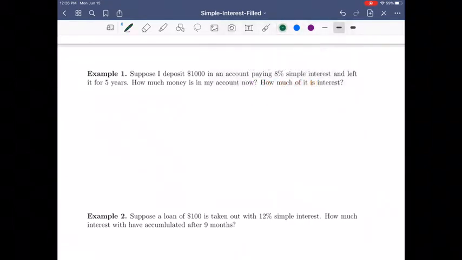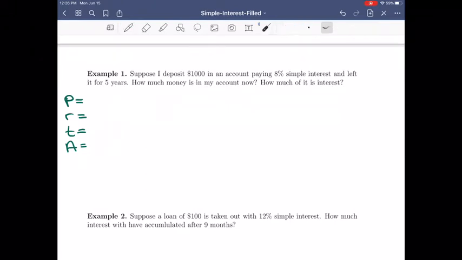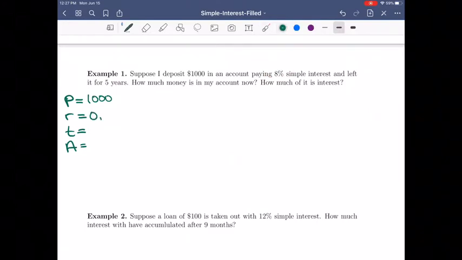I might need P, R, T, and A. Those are the variables that are going on here. I'm depositing P dollars, so P is going to be 1,000. My interest rate is 8%, so written as a decimal, my R is going to be 0.08.